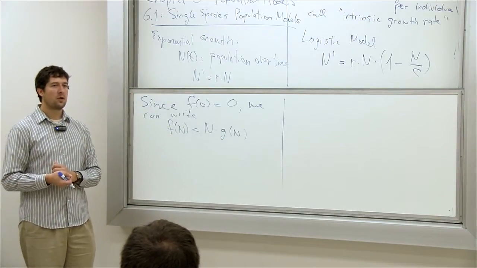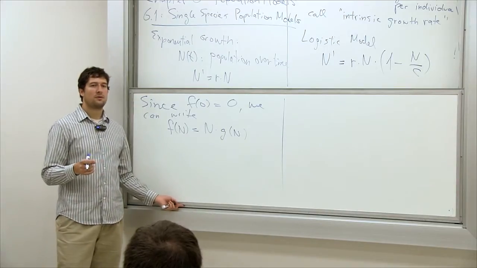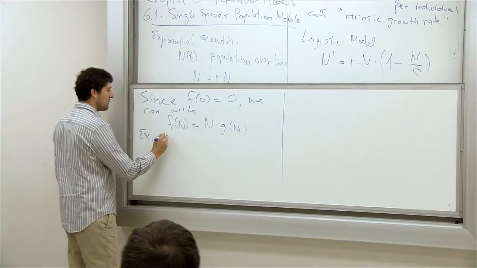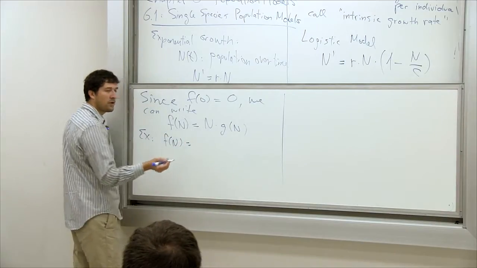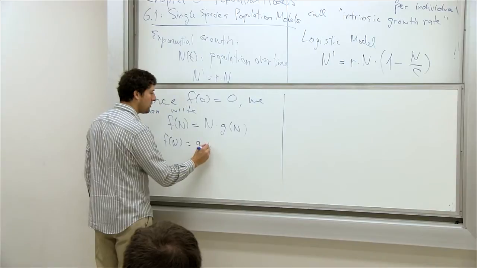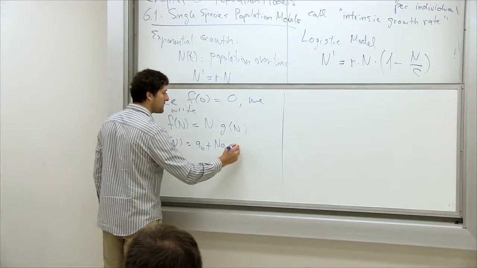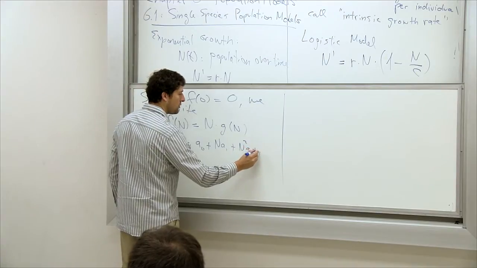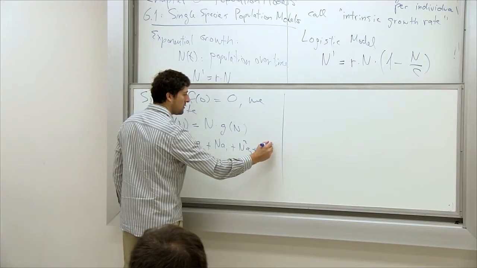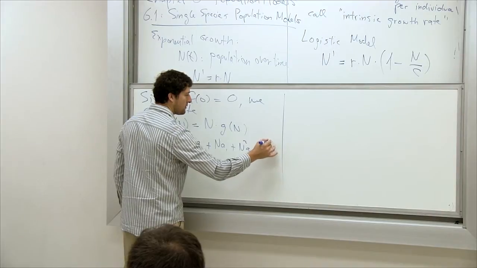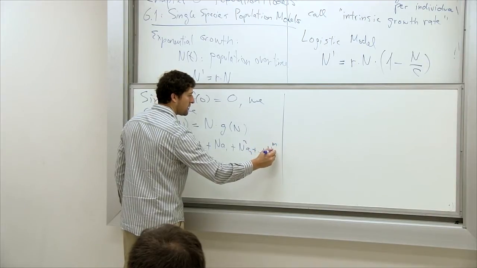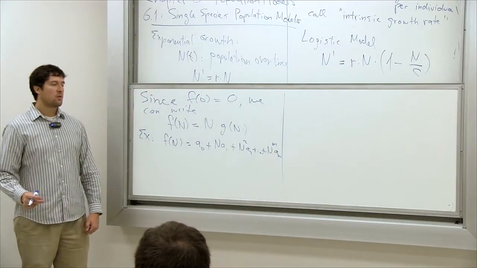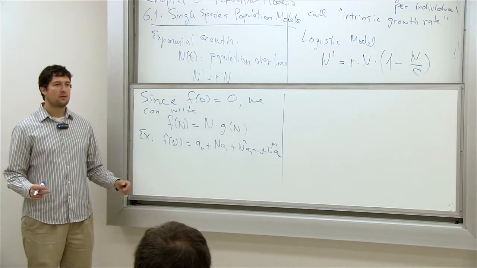Is that always possible to do? So for example, if f of n is a polynomial, say a0 plus n a1 plus n squared a2 until n to the m times am, can we factor out an n in there?